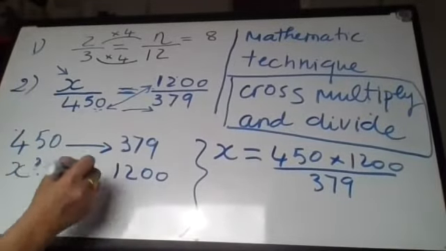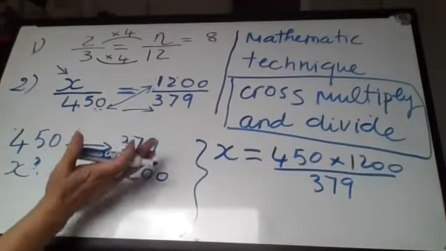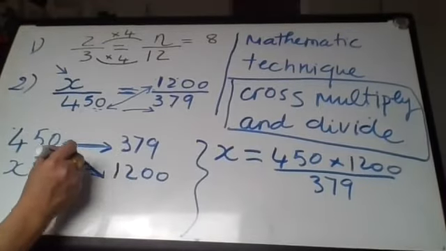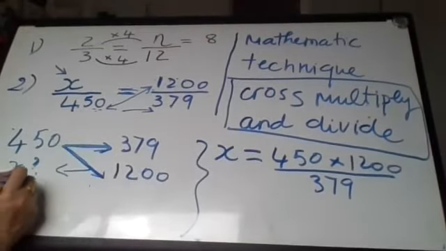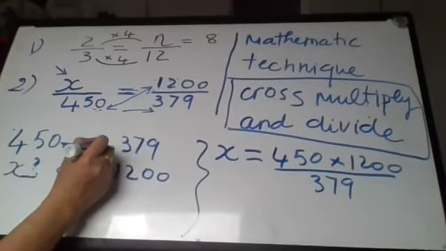The same as this: if you set up horizontally like this, then you cross multiply, divide. Cross multiply, divide.